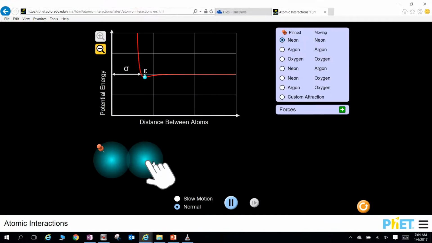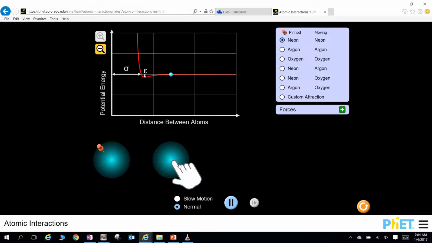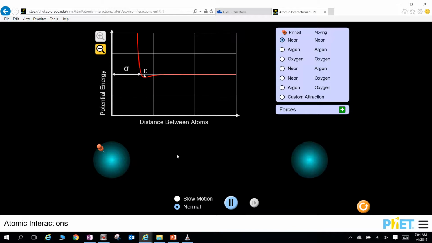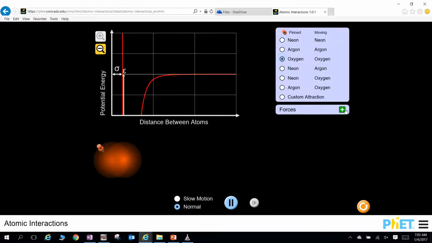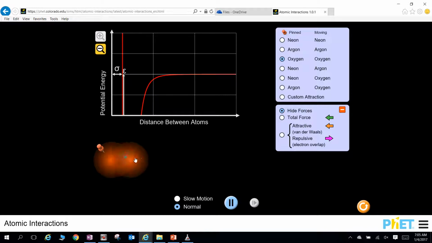Okay, so here's the simulation. I see that I can drag this neon atom closer to the other one, and there's a little energy curve here. So let's choose some different atoms. Let's go right to the oxygen and the oxygen.